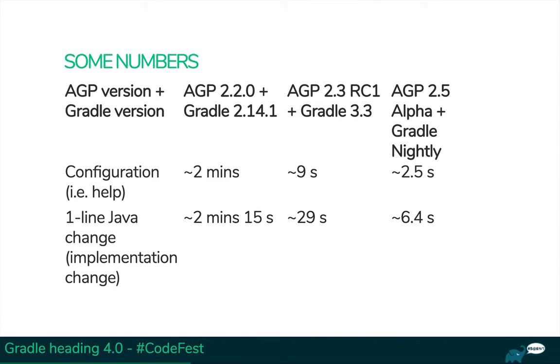Maybe some quite impressive numbers of what we achieved so far working together with the Android guys. Here you see AGP is the Android Gradle plugin, and Gradle version is a quick overview.